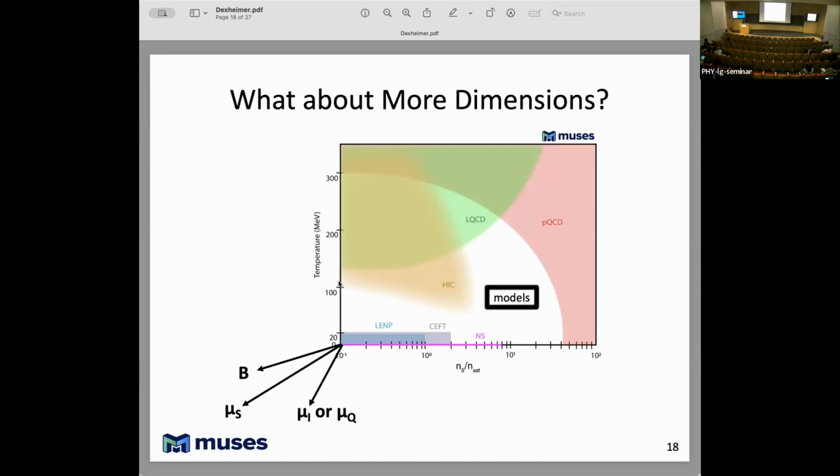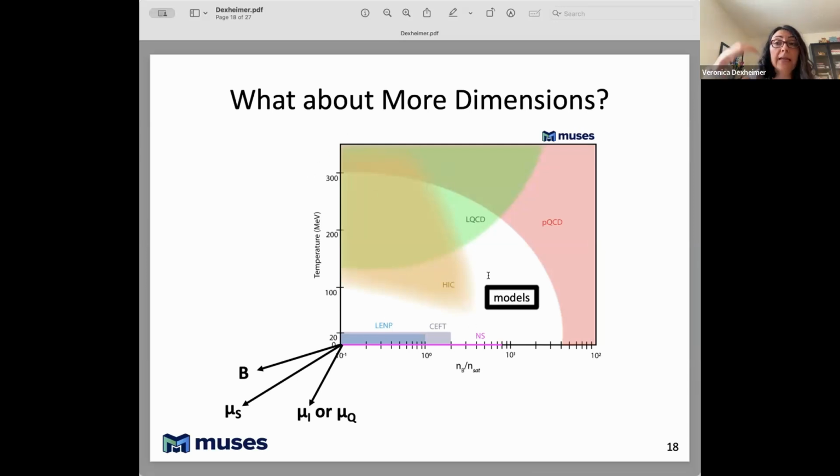If I remember well, the holographic model can go below 100 MeV, so it covers a good portion of the heavy ion collision region. Once MUSES is complete, in this grant period we're not going to include a pQCD description, but we're going to cover a good chunk of the phase diagram.